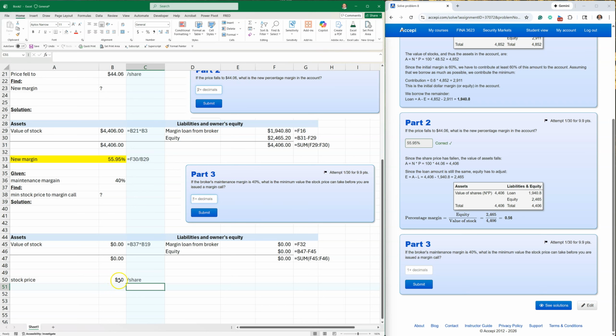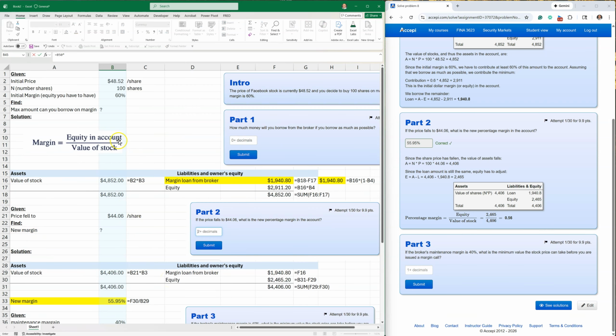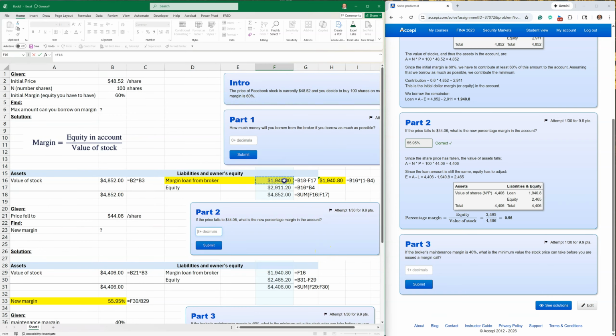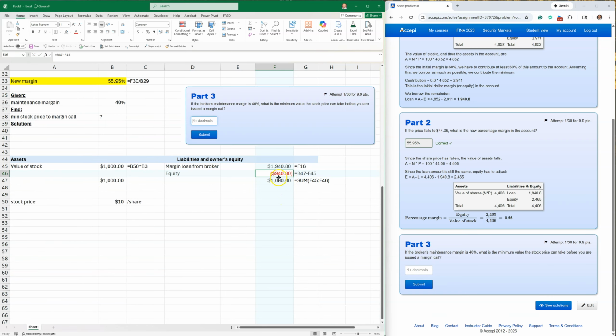We don't know yet, but we're just going to use it as a placeholder. So if my stock price is $10 a share, this is equal to $10 times 100 shares, so my equity is $1,000. And remember, my margin loan is never going to change. It's always whatever I borrowed initially. Let me make it 20. I don't want to go too low because this makes it negative and it seems kind of funny. So if it falls to $20 a share, I only have $59 in equity, because $2,000 is the value of stock, and I still have this loan.